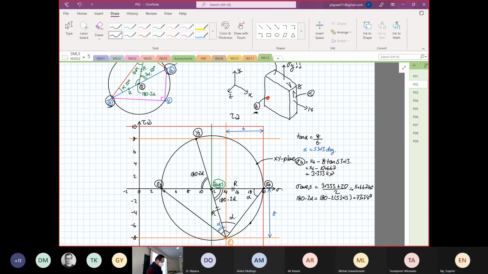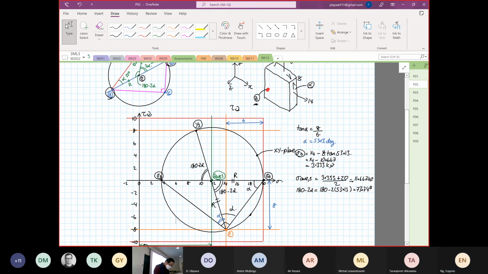Okay. So now we know that value over there, right? And now we are going to calculate stress Y3. So stress Y3 is equal to 12 minus. Okay. So we know that we have 12 from where, sir?